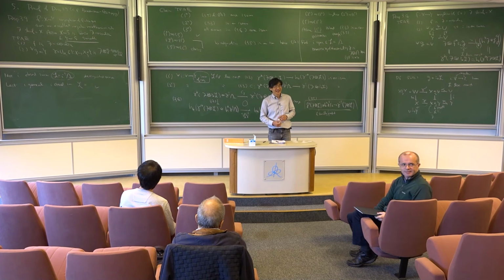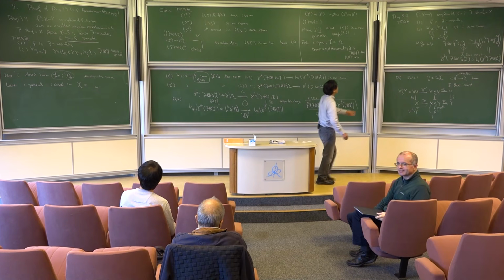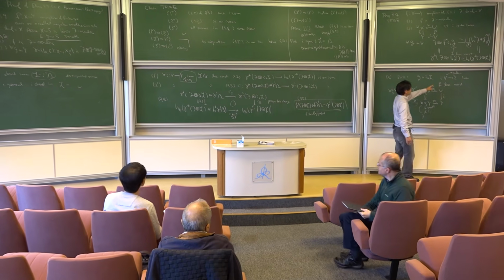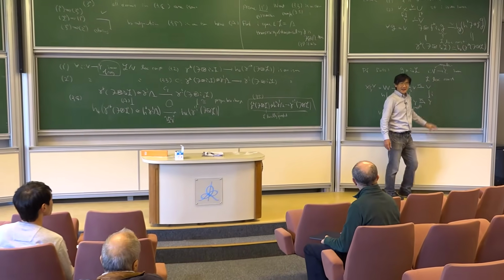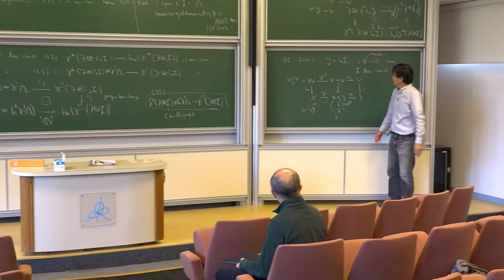And also why excellent? Of course, excellent helps to make things sufficiently regular on some small open set. Why excellent, regular? Because I want this V to be regular, and this is useful.